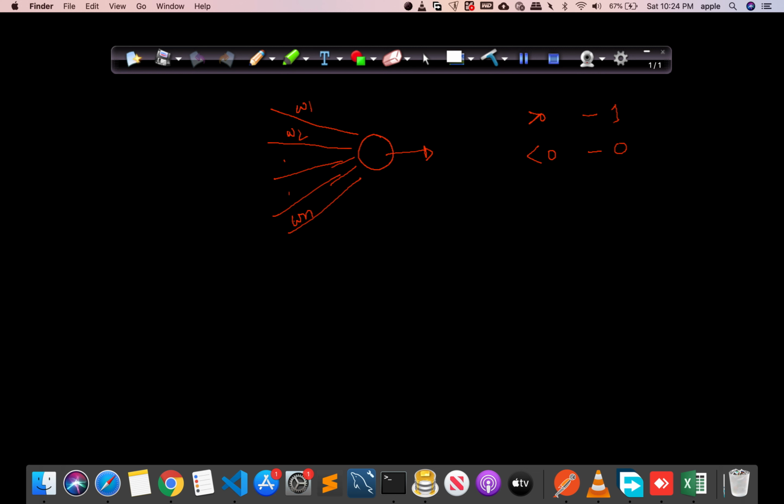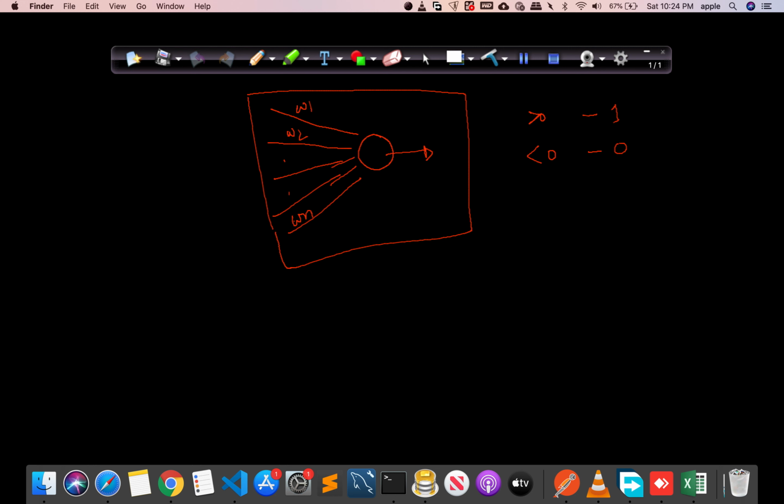But let me first tell you why we are using this type of notation and why we use perceptrons in deep learning. These models have been inspired by our brains and the way our neural system works.